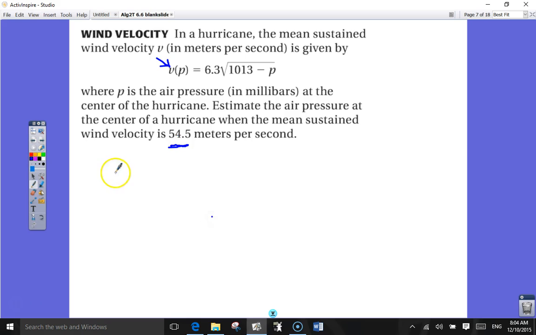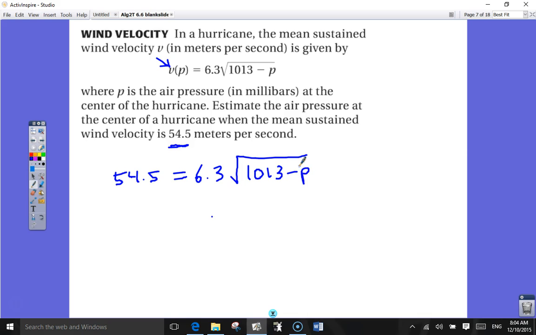This is 54.5 equals 6.3 times the square root of 1013 minus P. You know what 1013 is? That's sea level pressure.